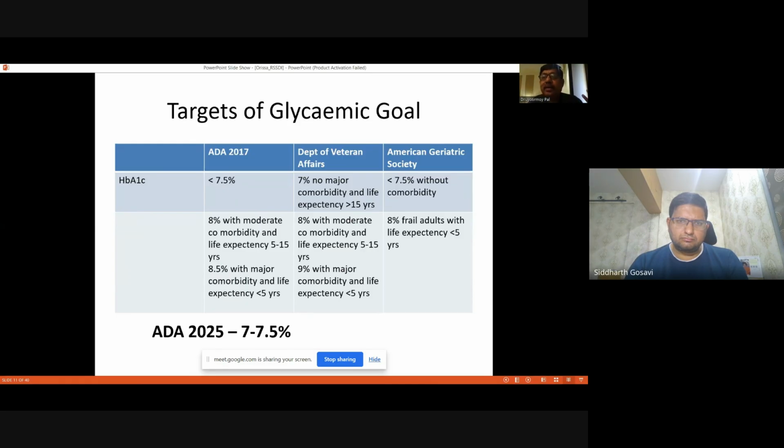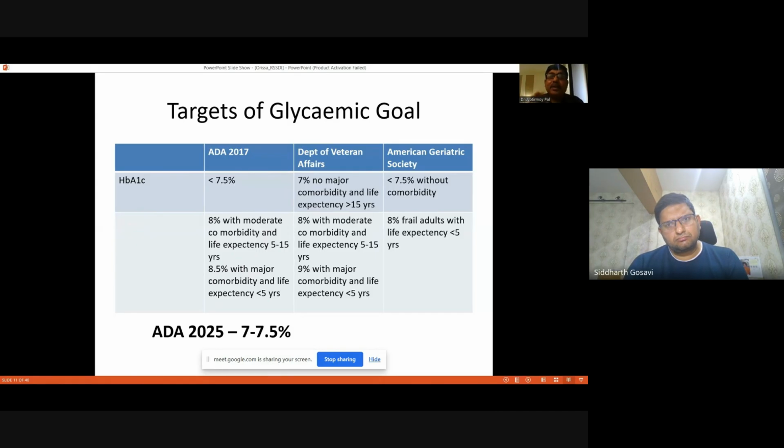It can further decrease cognition and can also increase the incidence of cardiac arrhythmia. That is why if the HbA1c is 7 to 7.5 in an otherwise healthy elderly patient, as per the 2025 guideline, it is optimum. But in the geriatric population with intermediate health, 8 to 8.5 is considered optimum.